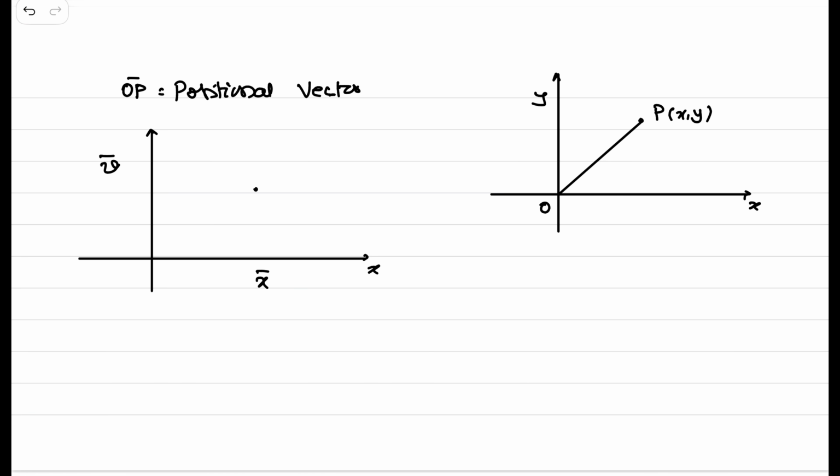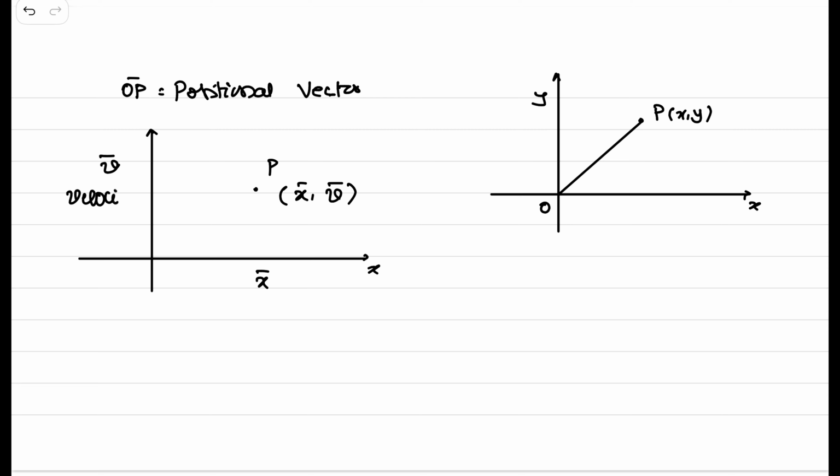And I have taken a point P here. What will be its coordinates? The coordinates will be x bar, v bar. That means x and y, as we have taken in our elementary classes, x as the distance and y as the distance, we take them only as units. That unit can be a position vector, that unit can be a velocity vector.